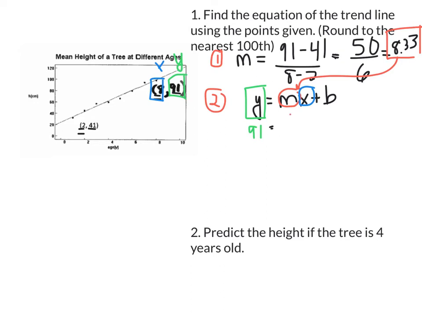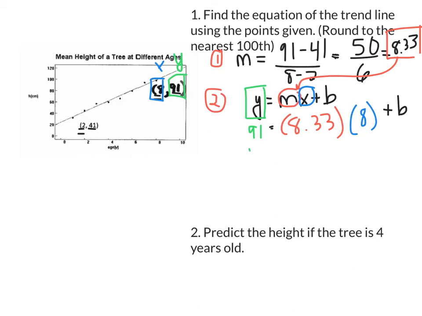And I'm going to get 91 equals 8.33 times x, which is 8, and then plus whatever my initial value is. So let's see what we get when we multiply 8.33 times 8. So we're going to plug that in our calculator.